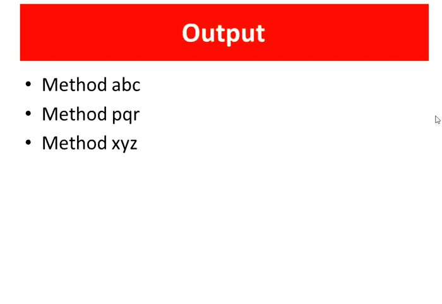If we run this code, you will see this output: method ABC, method PQR, and method XYZ. Here we can say that the object of class C has accessed method ABC from interface A, then method PQR from class B, and method XYZ from class C. So here we have done multiple inheritance using class and interface.